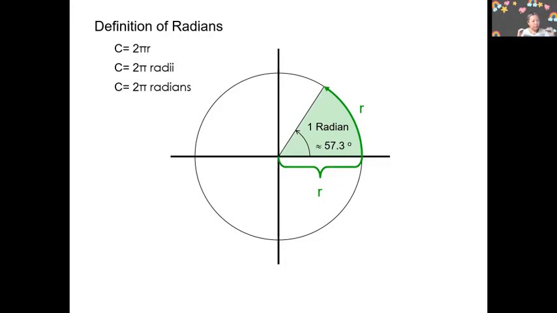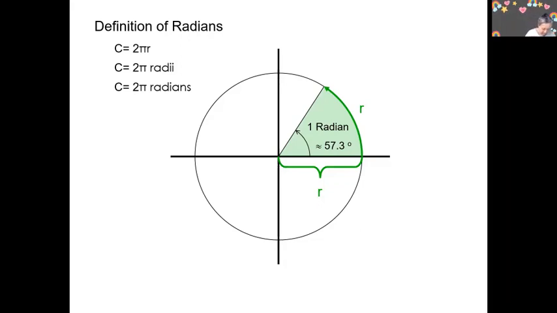Also, if you see the circumference as the length of these pieces, each measuring 1 radian, then that's also 2 pi radians.